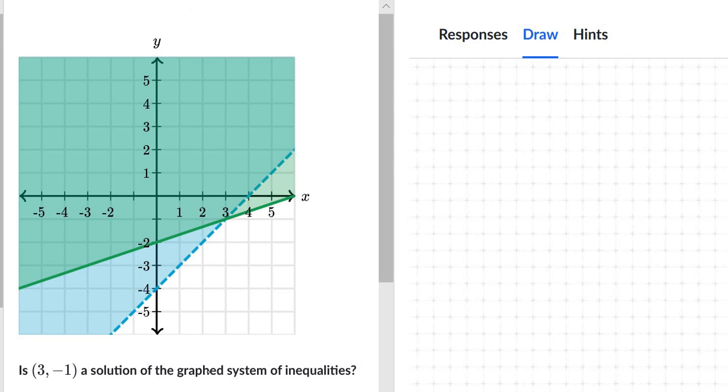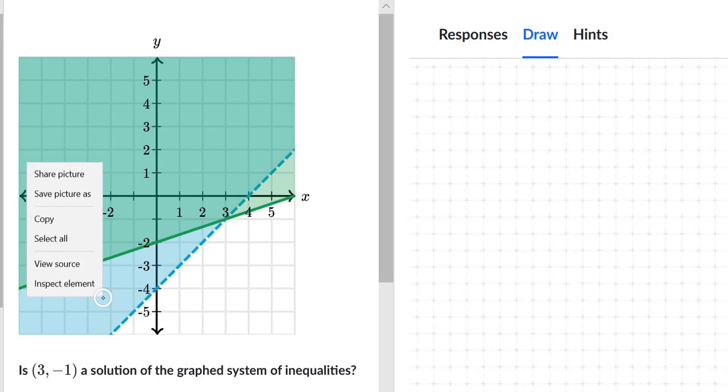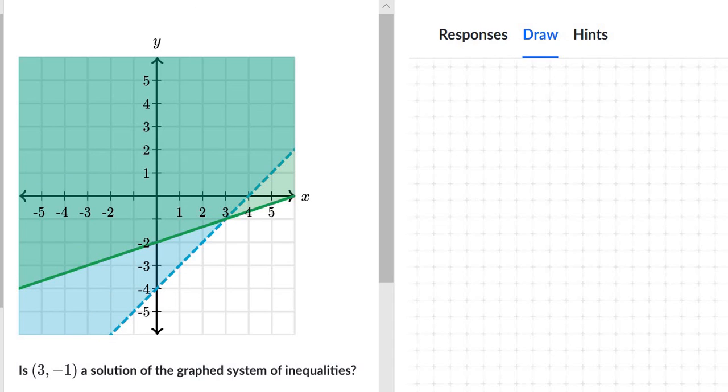Okay, this is the last one for inequalities. Is it a solution to the system of inequalities? So one line is shaded up like this. The other line is shaded up from here. This region only fits with one of them. This region only fits with the other. This dark green region fits with both.